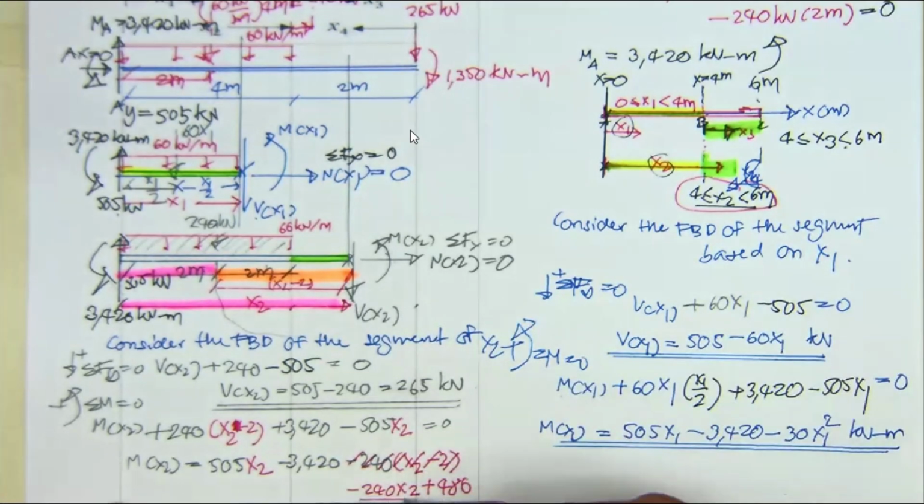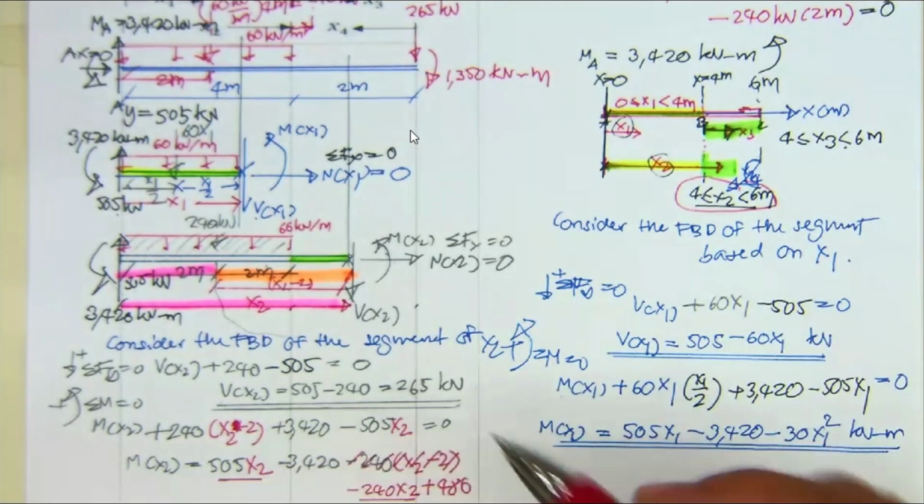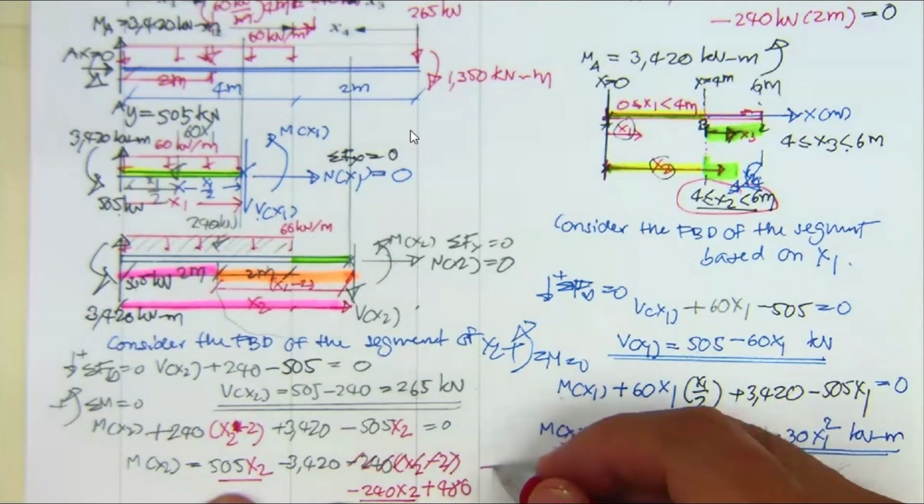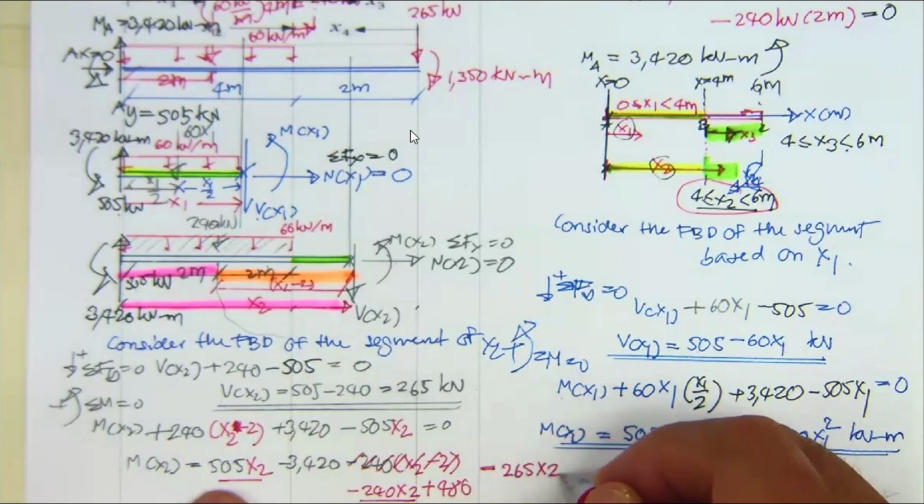Then this one and this one: 505 minus 240 x2. You got to get this one, 505 minus 265 x2.